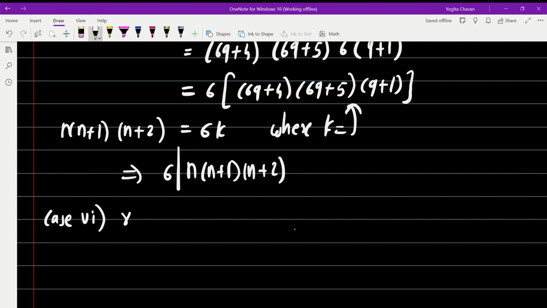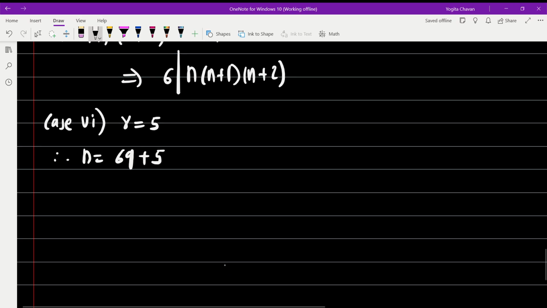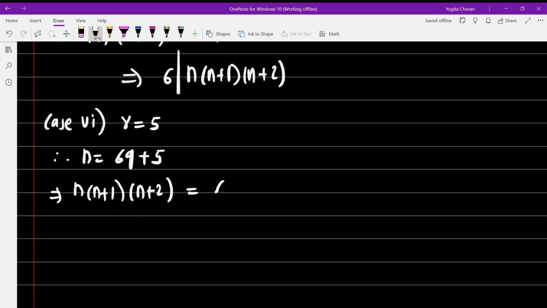Suppose the value of the remainder is equal to 5, and therefore n becomes 6q plus the remainder, meaning 6q plus 5. So this implies now n into n plus 1 into n plus 2 is equal to, now this is 6q plus 5, n plus 1 means 6q plus 6, and 6q plus 7.